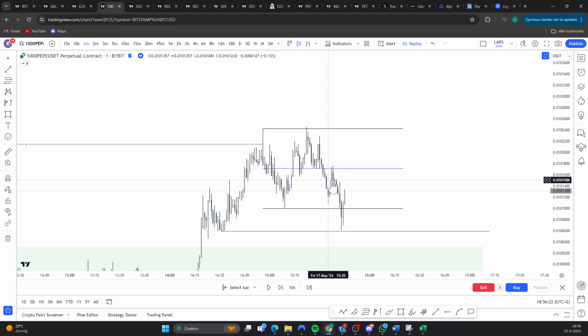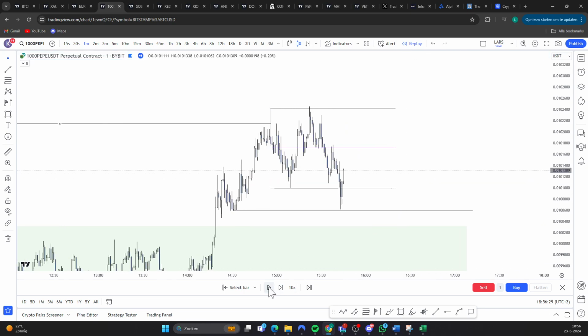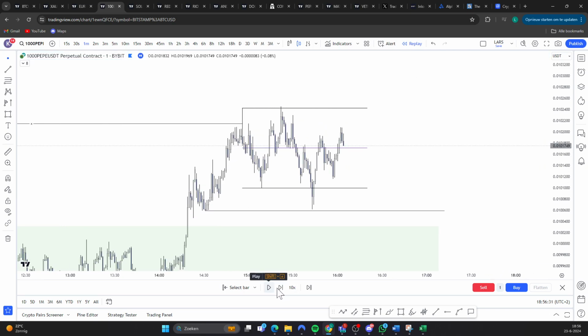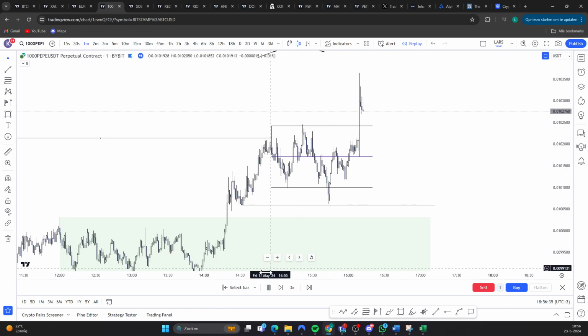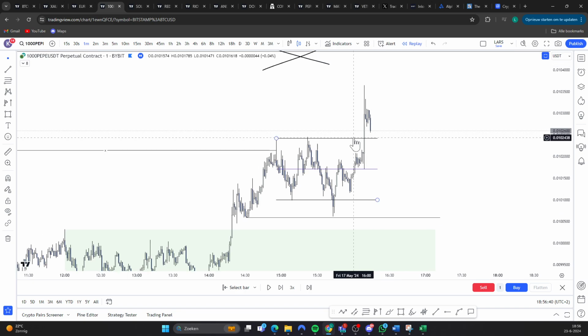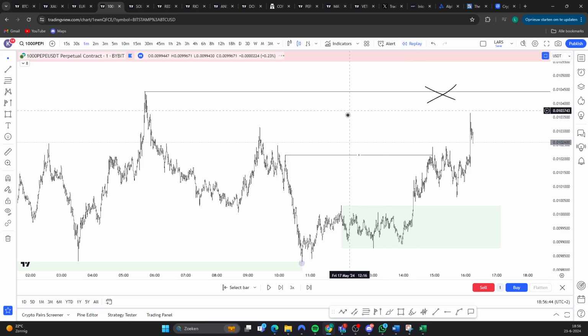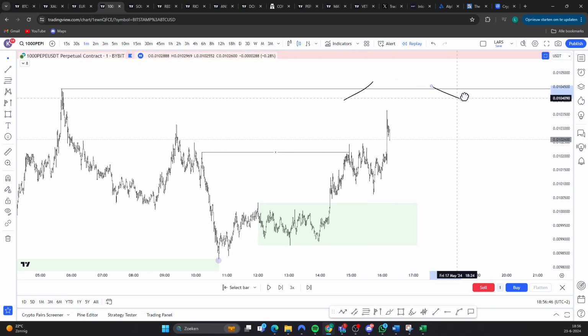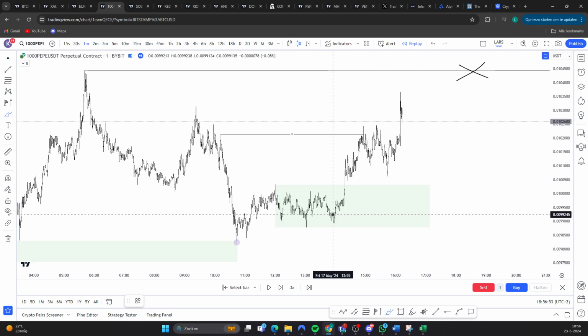Local distribution, broke structure. Nothing significant for a setup. Oh, and there you break out. Right now, I would put my stop loss to entry.